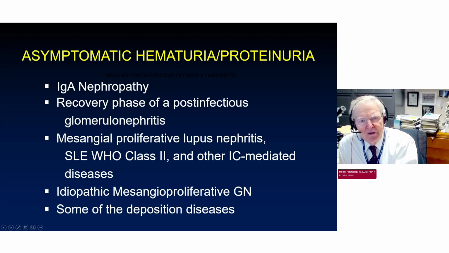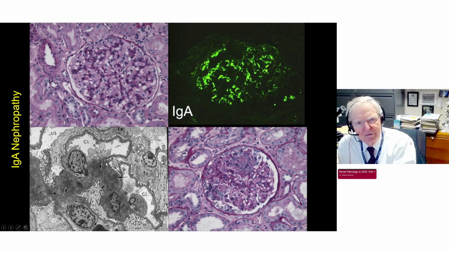Patients with a previous post-infectious glomerulonephritis during the recovery phase can mimic this pattern of injury and this presentation as well. And obviously, patients with lupus class 2 will have very similar clinical as well as morphologic presentation, but some differences, of course, in the immunofluorescence microscopy.